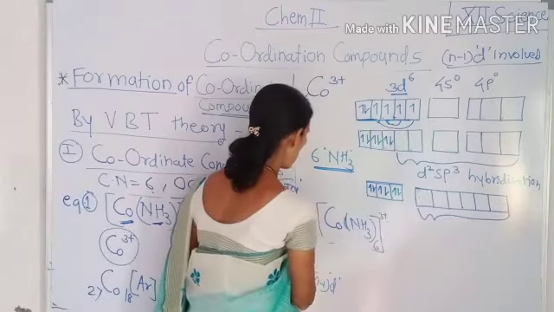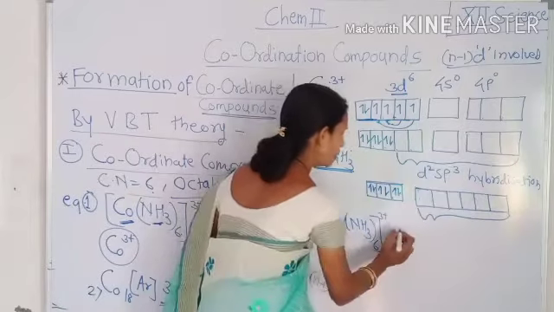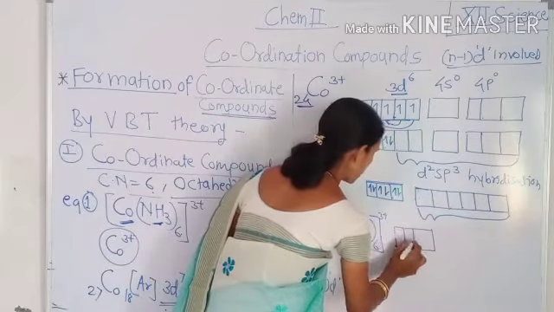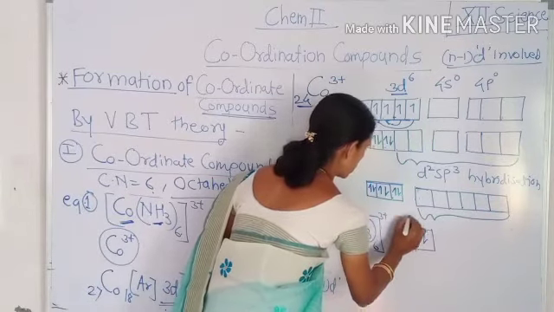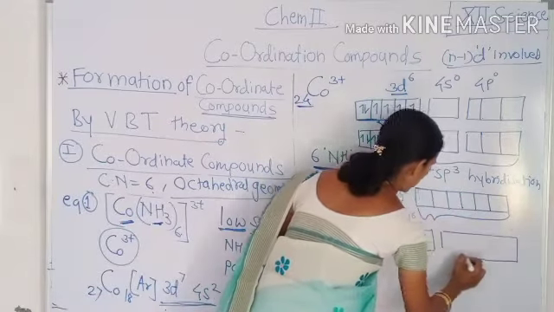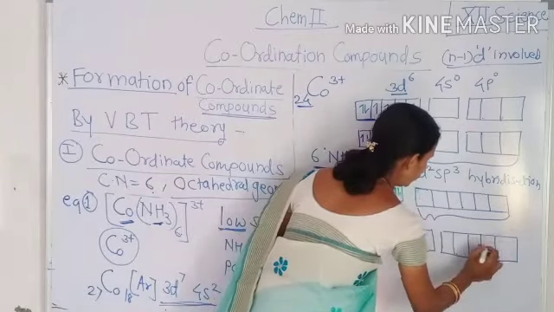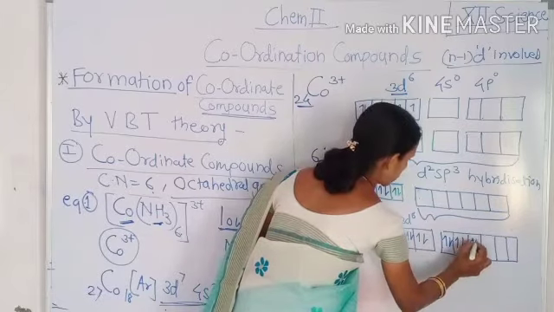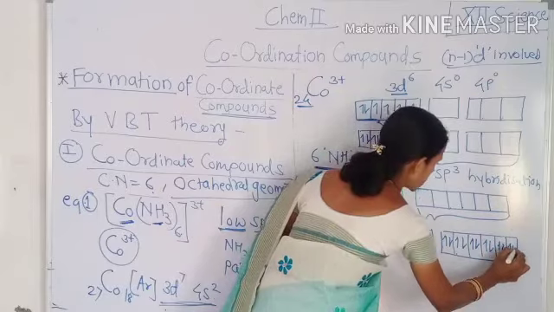That complex has the electronic configuration 3d6, and the hybrid orbitals are completely filled with electrons donated by the NH3 groups.